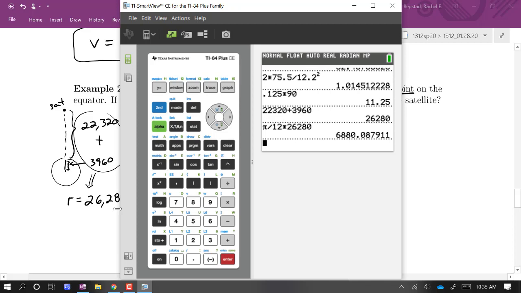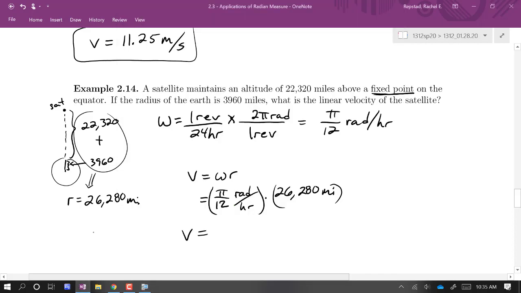You get 6,880.09. What are the units? Miles per hour. It's a linear velocity.